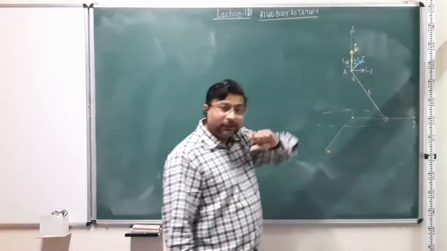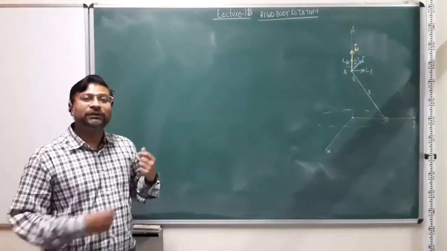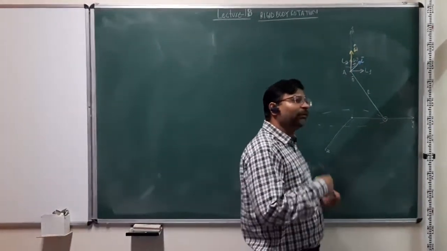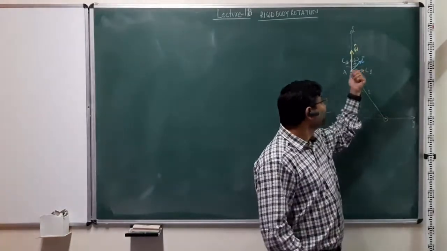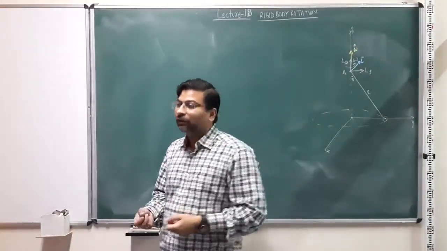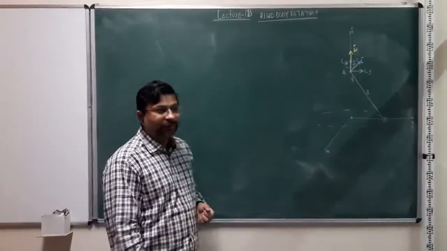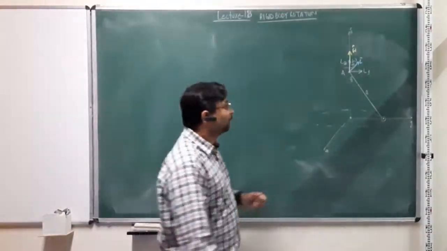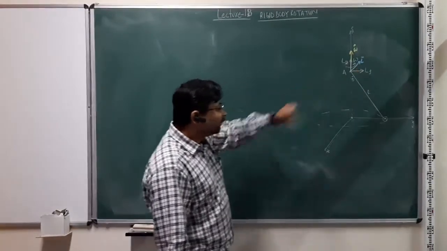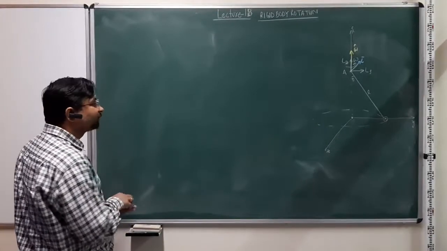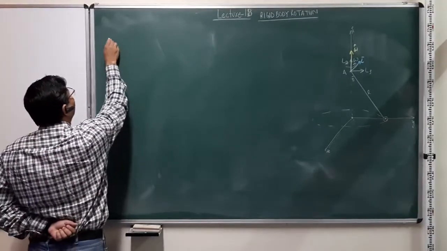That is why fixed axis rotation was a special case, because when we said fixed axis rotation, we always implied that the component of angular momentum under consideration is pointing in the direction of angular speed or angular velocity. In general, that is not true.